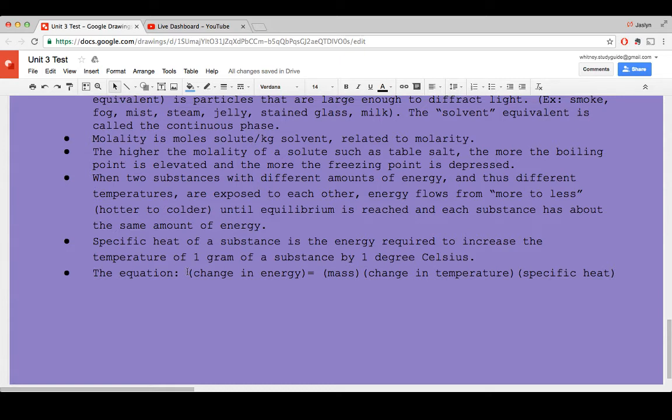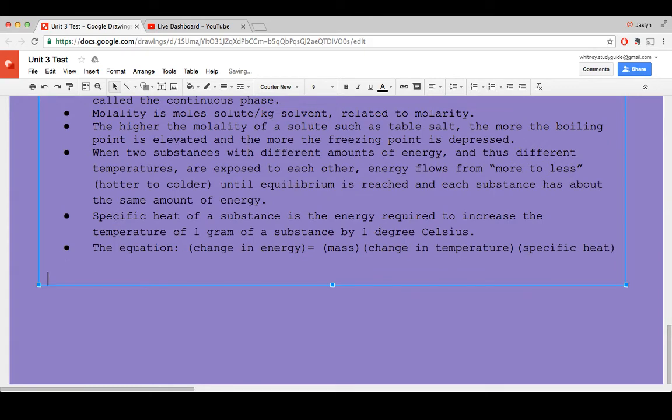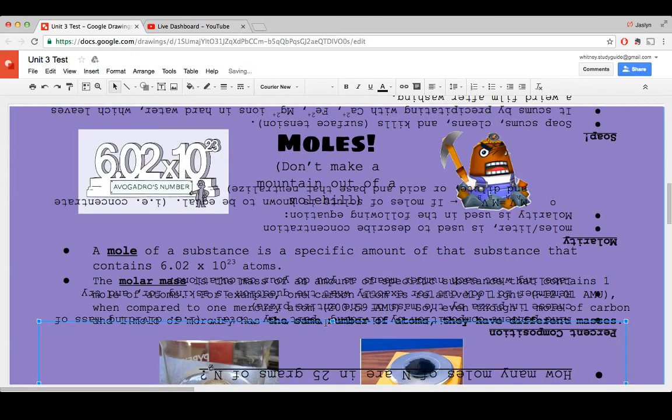A lot of the time you get one temperature of a certain substance and then the equilibrium temperature, and then you have to find a certain piece of information.